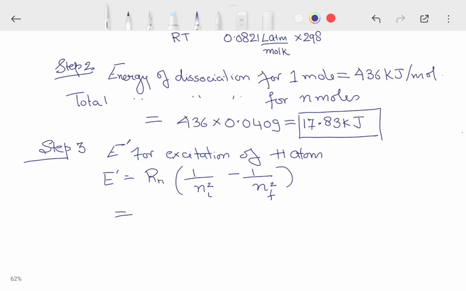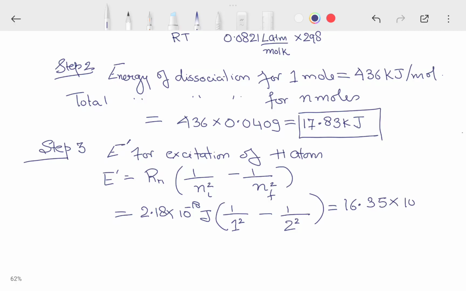Here the value of Rydberg constant is 2.18 into 10 raised to the power minus 18 joule. Initially it is at first energy level, and after excitation it is at second energy level. On solving this, we get the value 16.35 into 10 raised to the power minus 18 joule.